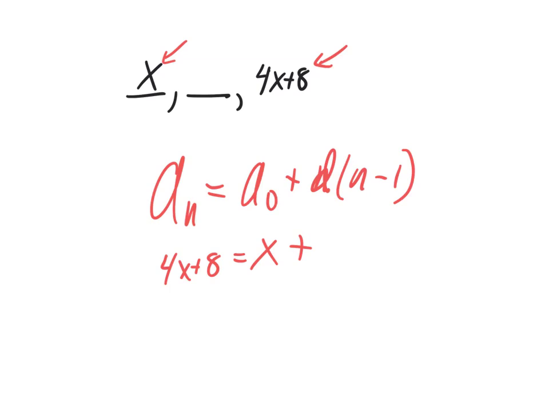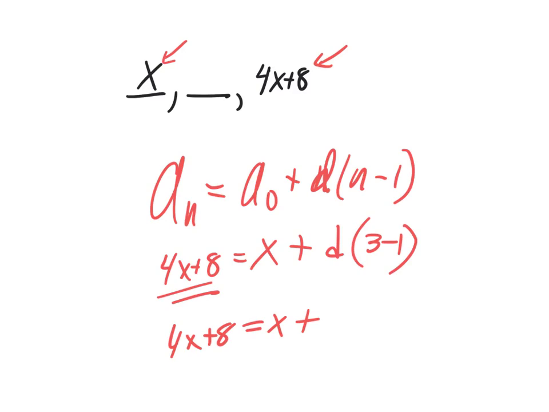Okay, and then I do not know d, the common difference. That's what I'm trying to figure out. And then n minus 1. I do know that this term is the third term, so this is 3 minus 1. So it's 4x plus 8 equals x plus 3 minus 1 is 2, 2d. And wait a minute, I got two variables again. Not really. You just need d, and d has an x in it.